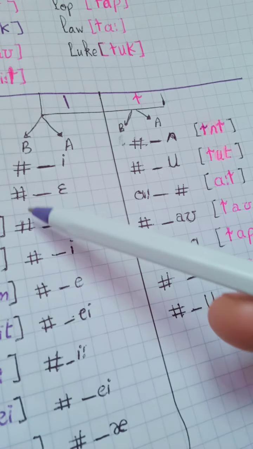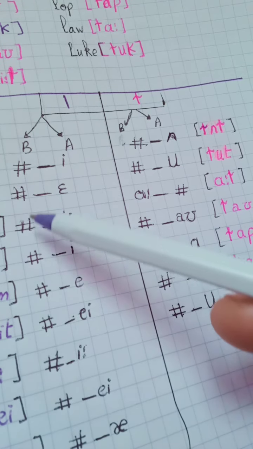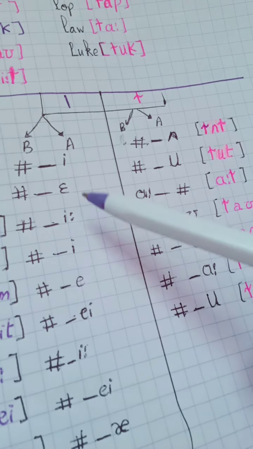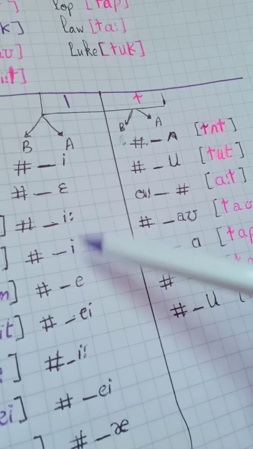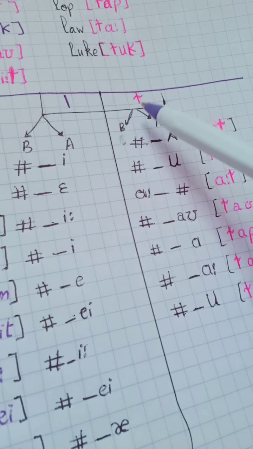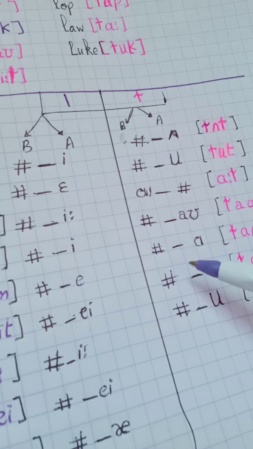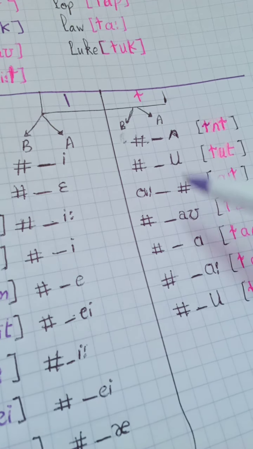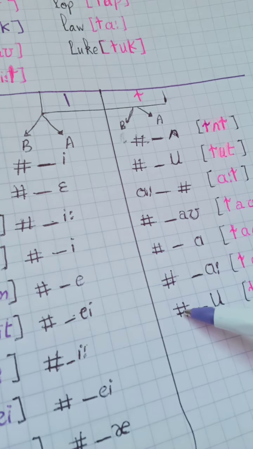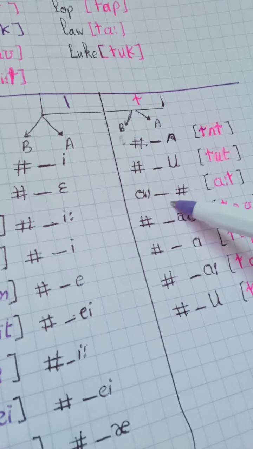If it occurs at the beginning of a word and before another vowel that is not front, it will be dark L. Whereas the dark L can occur at the beginning of the word or at the end of the word.